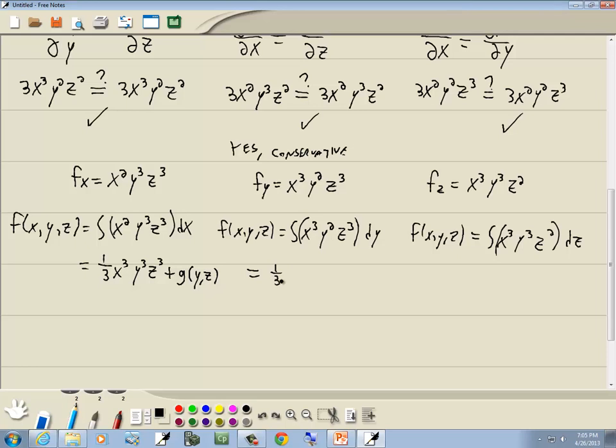So that gives us 1/3 x to the third y to the third z to the third plus h of the other two variables, x, z.